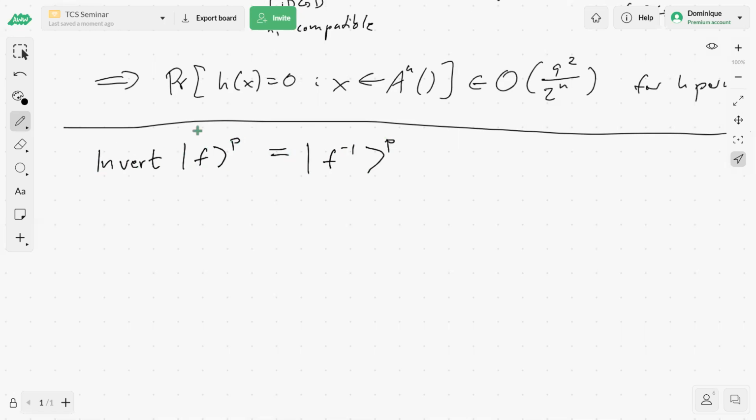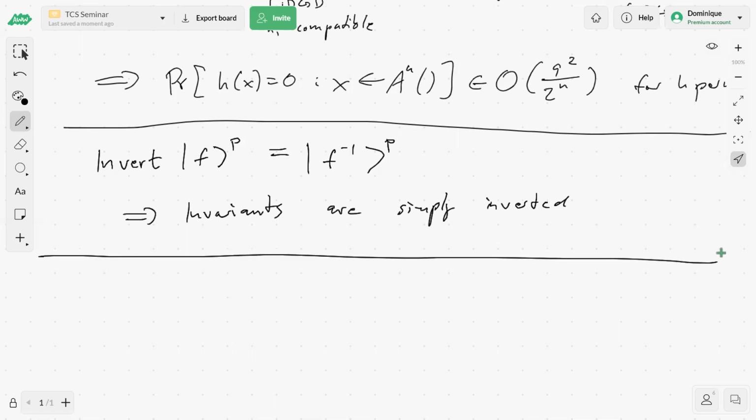If we apply invert to a compressed state, it's the compressed state for the inverted partial function. So not very surprising, and the proof is also just a few lines. So this is extremely simple. And this means invariants are simply inverted when we run invert.